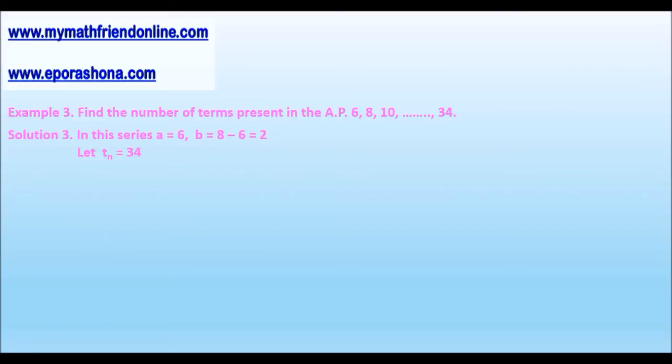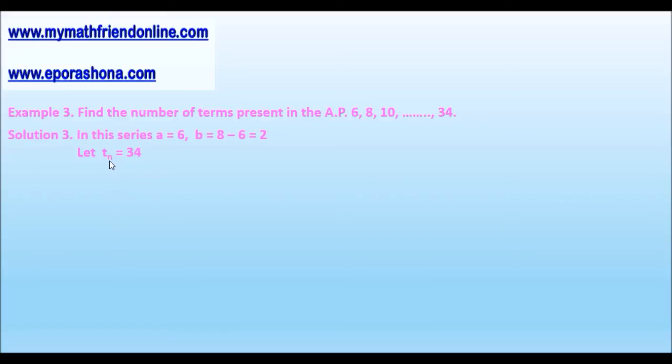And now we have to find the number of terms present in the series. And we are seeing that 34 is the last term, but we do not know the serial number of this term 34. So we are denoting it by the variable n, because we do not know the serial number of this term 34.